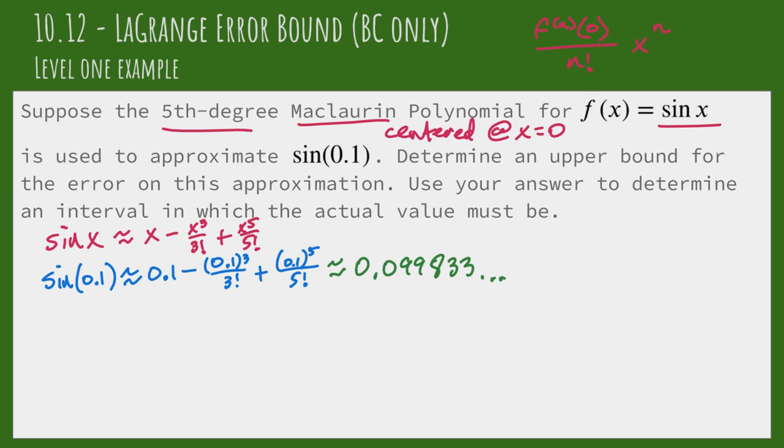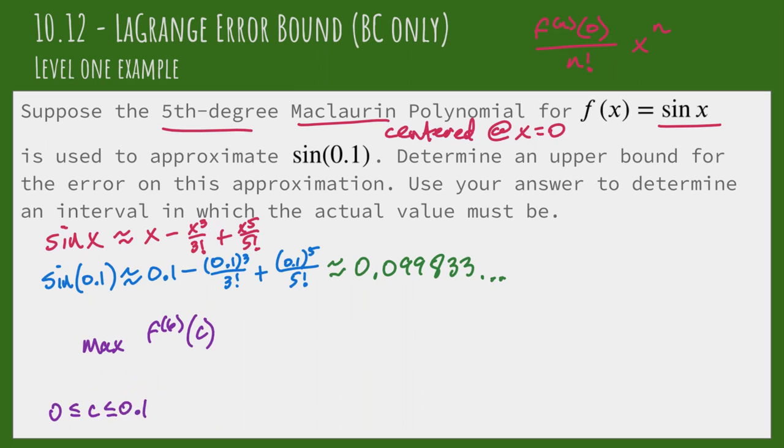So we want to know what is the maximum possible value of the sixth derivative of f evaluated at some point c, where c is going to be somewhere between 0 and 0.1. So 0 being the center because it's a Maclaurin polynomial, 0.1 being the point where we are evaluating the sine function.